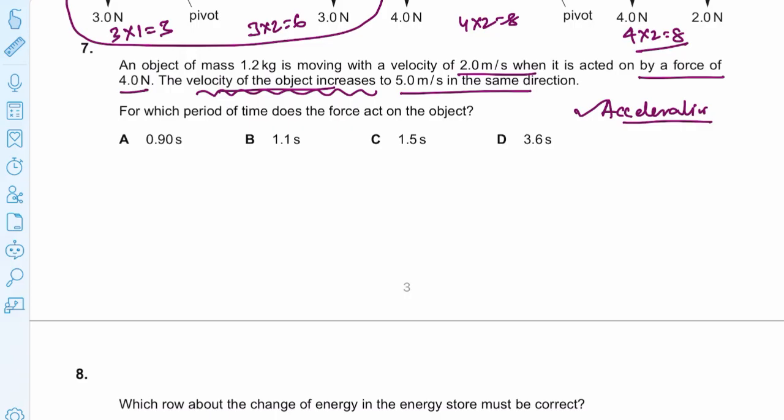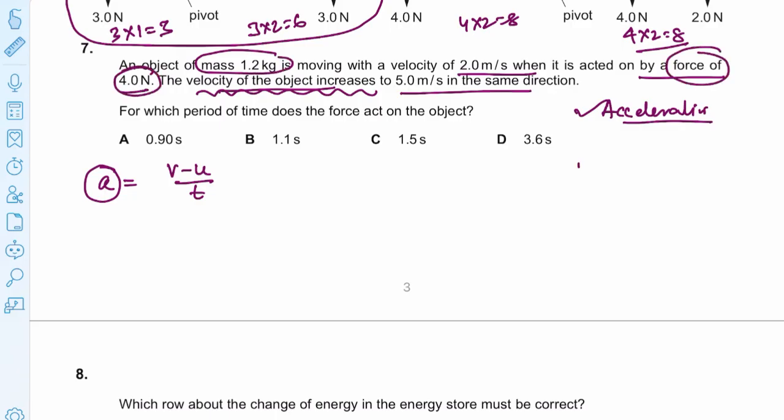What is the formula of acceleration? Acceleration equals v minus u over t, right? The thing is we don't have the acceleration, but to find it we can use the mass and force, which is given as 4 Newton.